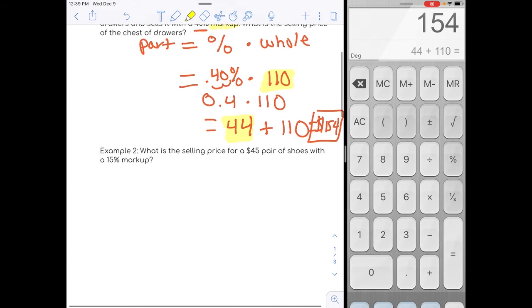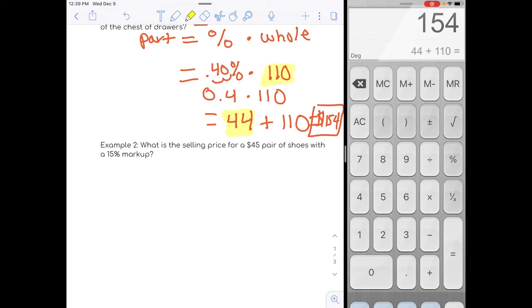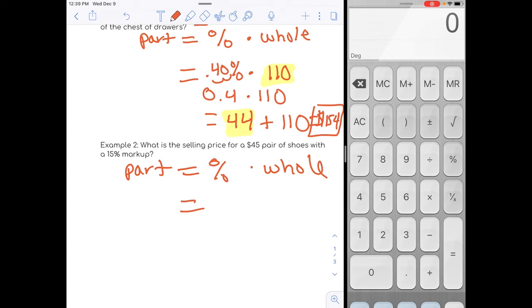What is the selling price for a $45 pair of shoes with a 15% markup? So again, I have my part equals percent times whole. So I know that I have a $45 pair of shoes with a 15% markup. 15% I want to turn into a decimal.